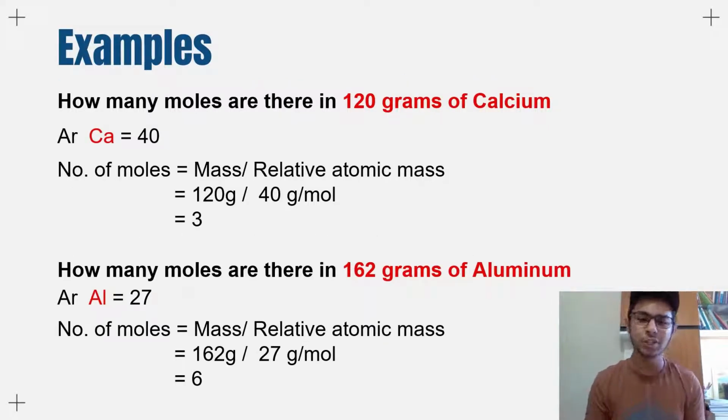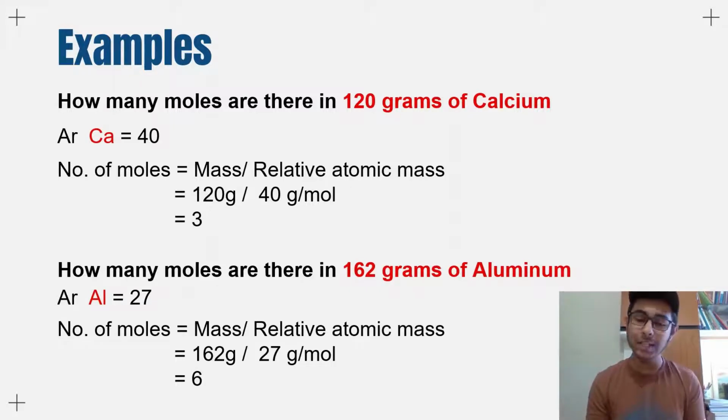Now let us look at the two written examples in this slide. The first question: how many moles are there in 120 grams of calcium? As you can see in the question, the mass, 120 grams, is already given, and we know the relative atomic mass of calcium. This is found in the periodic table, as I have said before. So we have the mass, we have the relative atomic mass. Now let's input the formula.